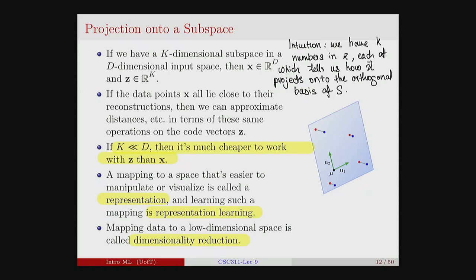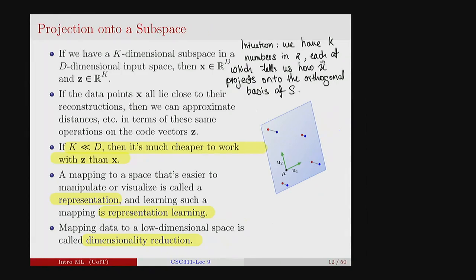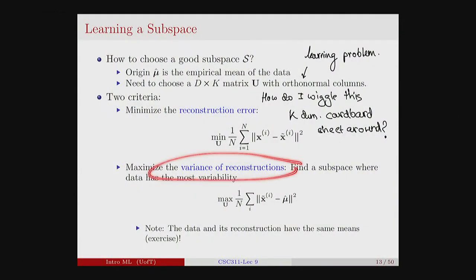So to minimize the amount of information lost, we might want to maximize the amount of variance in the projection. And so to maximize the variance of the reconstructions, the goal is to find a subspace where data has the most variability, which is to say that the sum and average of the norm squared of x tilde i minus mu hat over all the data points is as large as possible. So we're maximizing over the matrices U with orthonormal columns.